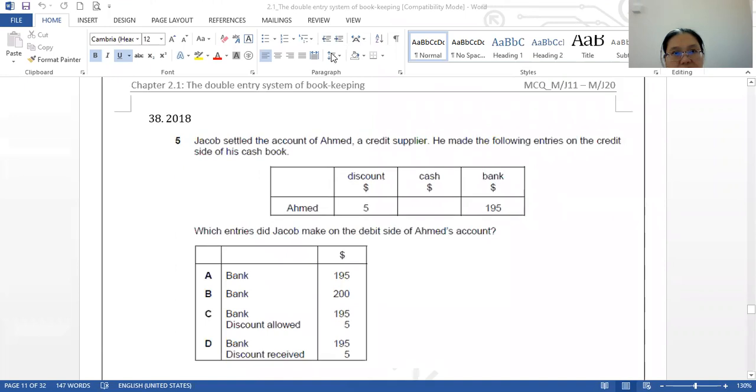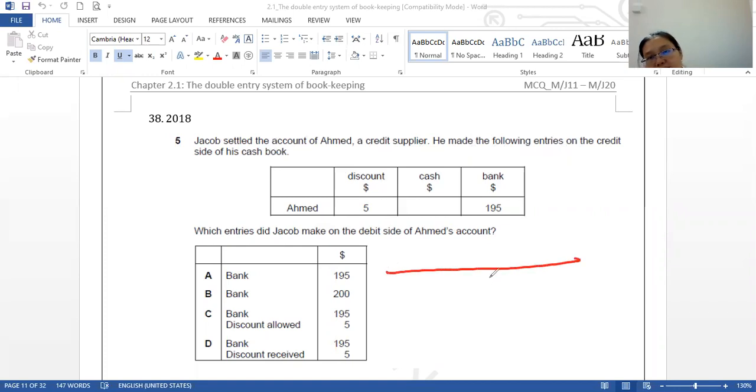Question 38. Jacob settled the account of Amit, a credit supplier. He made the following entry on the credit side of his cash book. Which entry did Jacob make on the debit side of Amit's account?